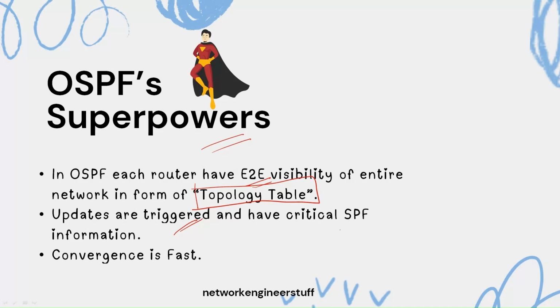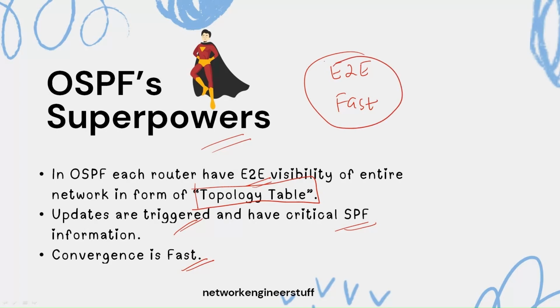This update will have the critical SPF information. Since the updates are triggered, the convergence is pretty fast in OSPF. So these are the two superpowers of OSPF: end-to-end visibility and fast convergence.